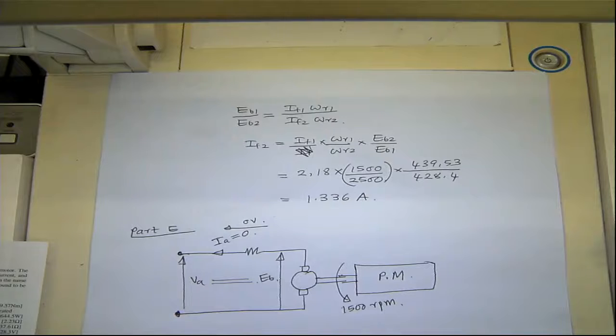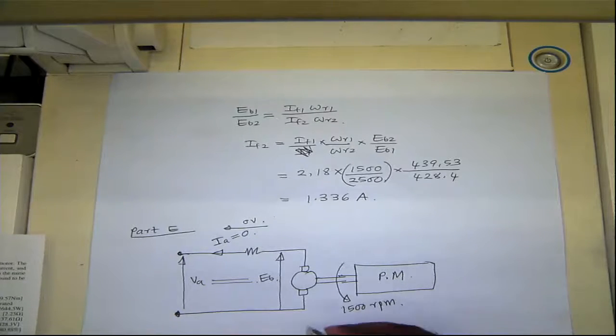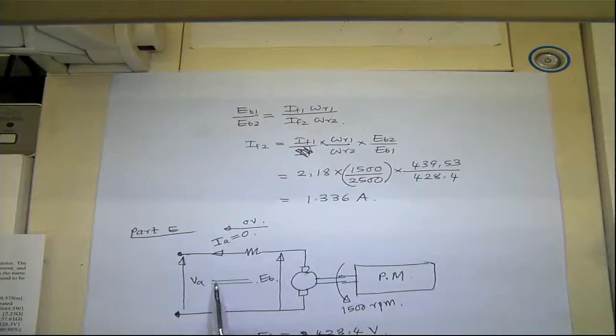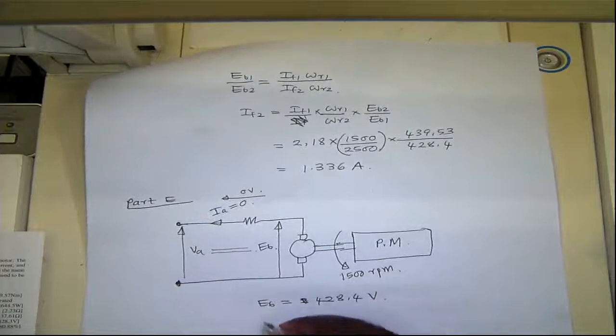We can figure that out from the rated conditions. So at rated conditions, EB was 428.4 volts. So the back EMF remains the same if the speed is the same and the field current is the same.